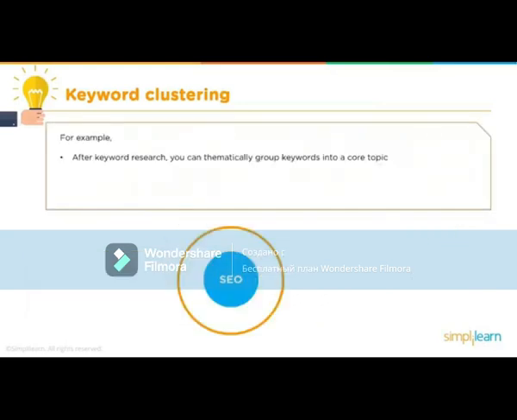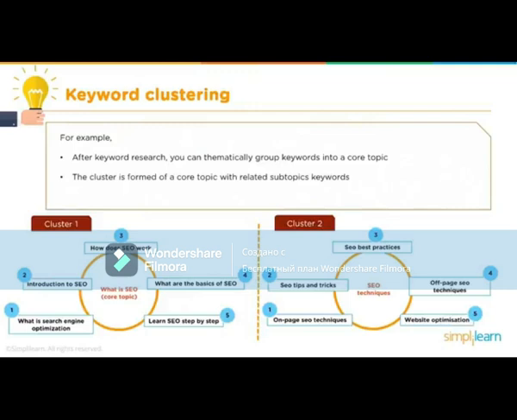So for example, after some keyword research, you can thematically group keywords into a core topic. So for example, we can cluster this group of keywords together. Like for example, what is SEO? How does SEO work? Intro to SEO. What are the basics of SEO? All of those are related to the core theme, what is SEO?